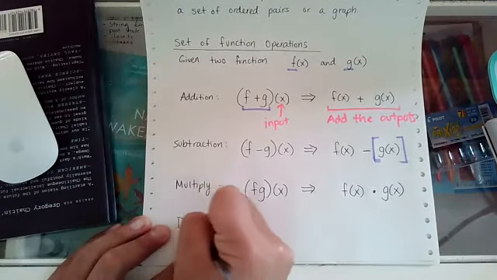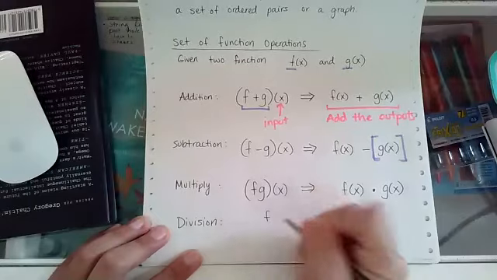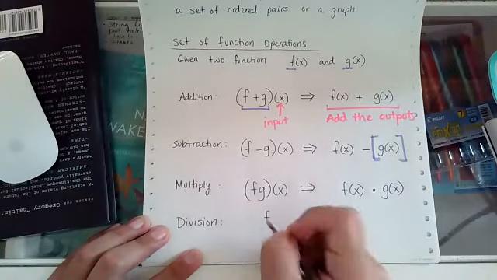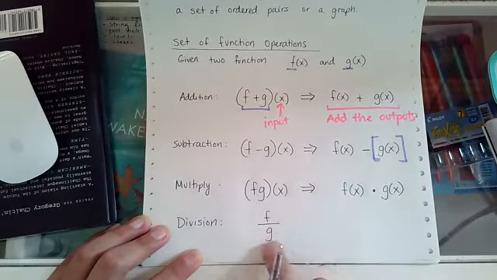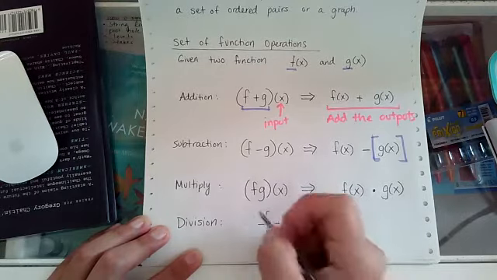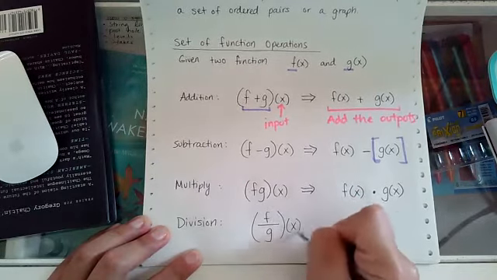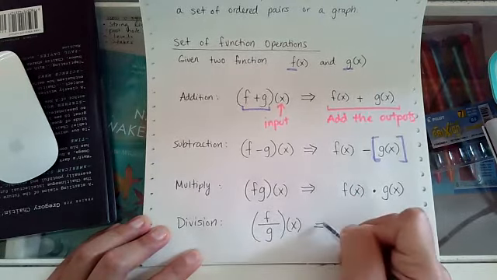And then finally, we have division. And division is fairly straightforward. Whatever the function value for f is, we're just going to divide it by whatever the function value for g is. So you're literally just going to write whatever the output is for the f function, the first function, over the output for the second function.